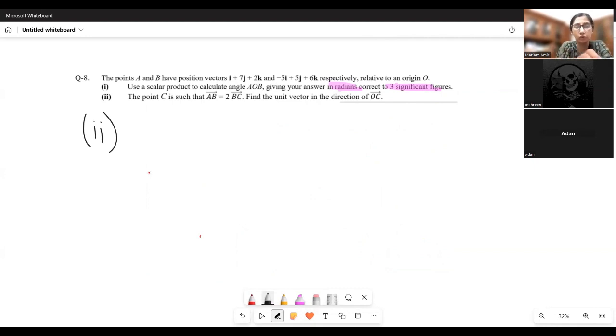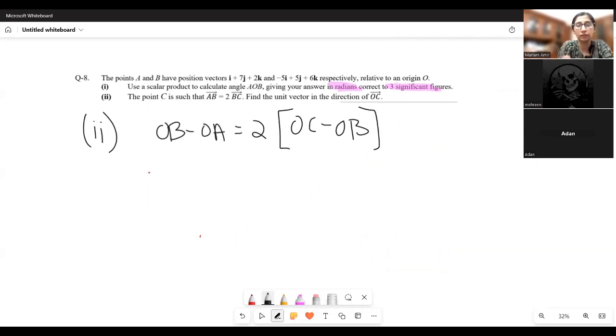So AB would be OB minus OA equals 2 times bracket OC minus OB. So 2OB goes to the other side, it becomes 3OB minus OA equals 2OC.